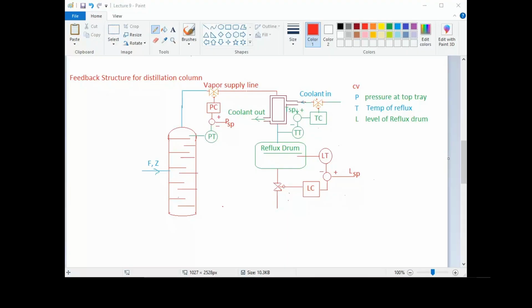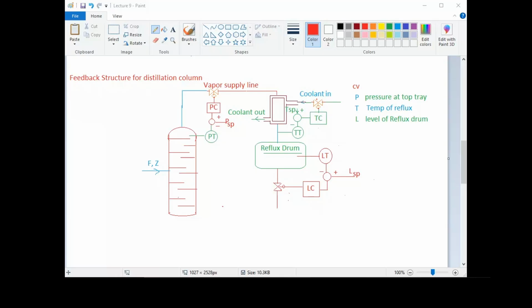After getting the reflux in the reflux drum, Ankit Yadav, what happens after this? Ankit Yadav is sleeping after joining the class. Okay, Nitin, what happens after reflux drum?